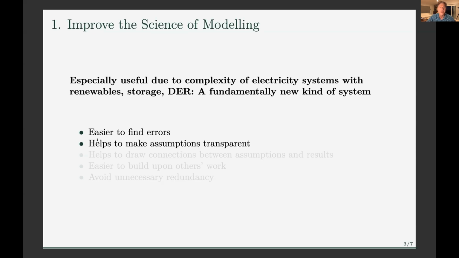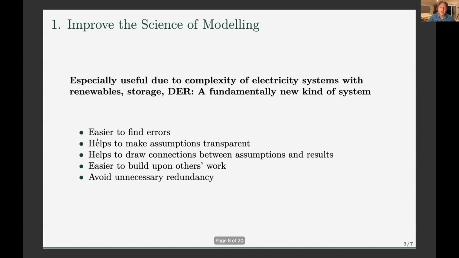And help us draw connections between the assumptions and results. We need to understand that before we can explain it and convince policymakers of it. And of course, it's easier to build upon others' work, as others have mentioned, and avoid unnecessary redundancy. We have a long way to go before we get to those last two stages, particularly, and we all become familiar enough with each other's assumptions and models and how we get there.